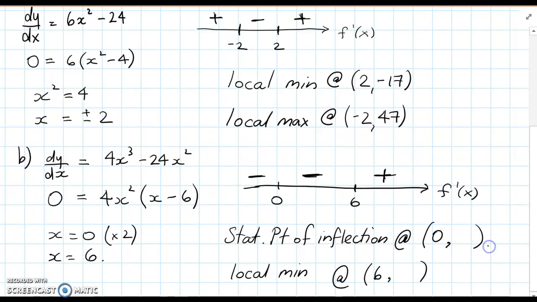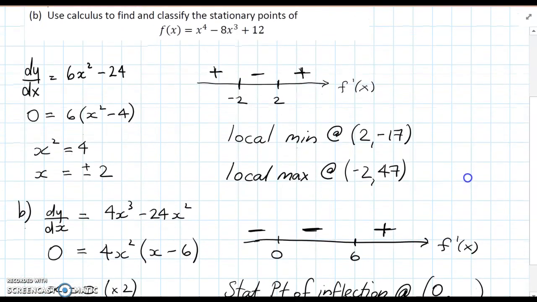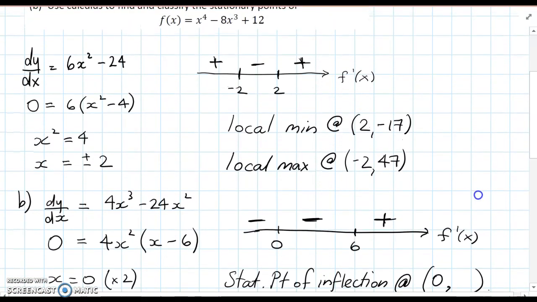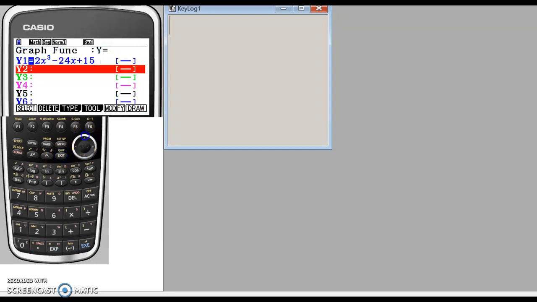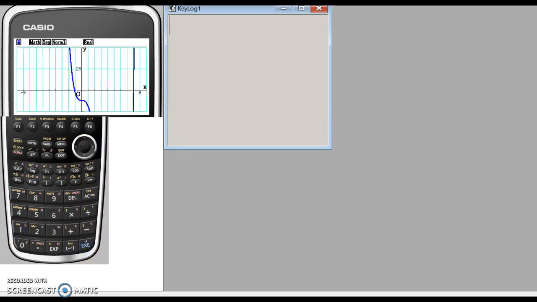We just need to find those y coordinates for the given function. So we can either substitute it into the top, or we can go back to our technology. x to the 4 take 8x cubed plus 12. At x equals 0, when we are looking to find the y coordinate, we use ycalc.